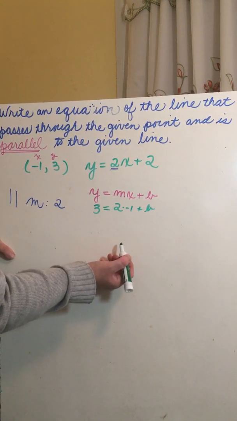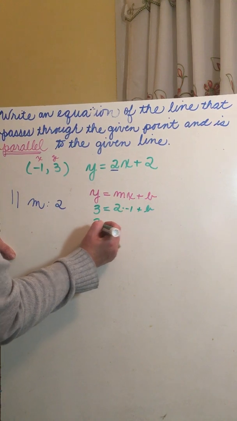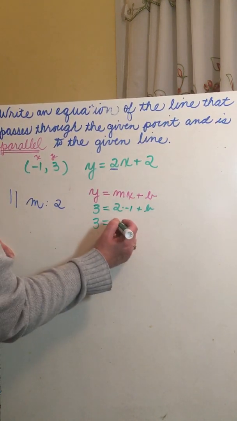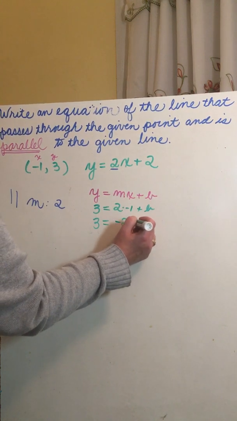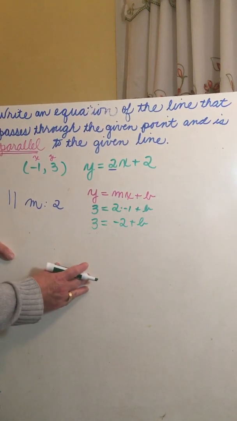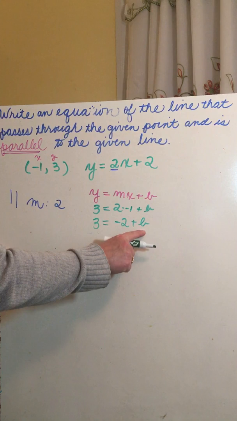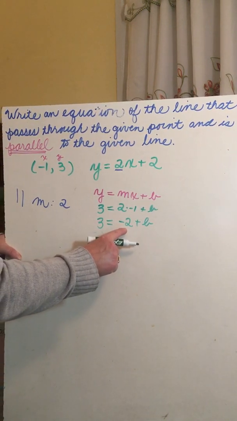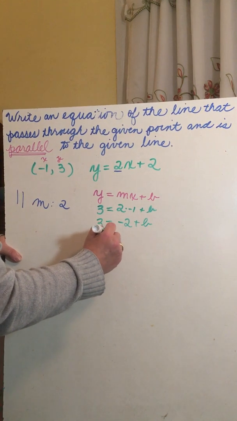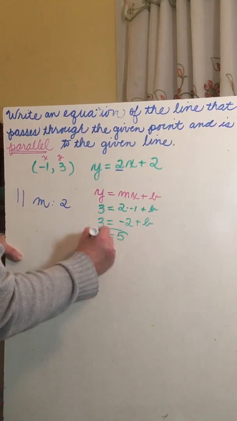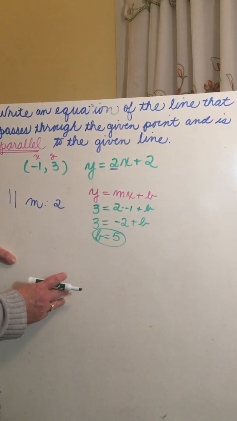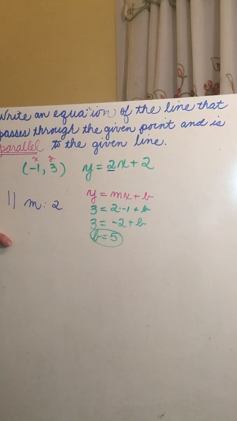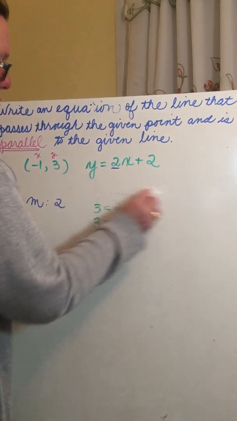So now we'll simplify this. This 3 stays the same for now. 2 times negative 1 is negative 2 plus b. In order to get the b by itself, you have to put a positive 2 on both sides. And when you do, you have that b equals 5. Now that we know the slope and we know the y-intercept, we can write our equation.